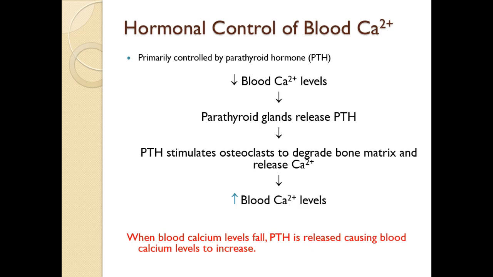Specifically, it tells the osteoclasts to do their job, which is to what? Break down bone. So when the bone breaks down, that releases what? Calcium from the bone. And where does that calcium go? It leaves the matrix of bone and goes into the blood. Okay?